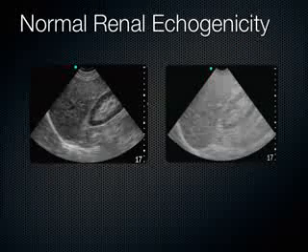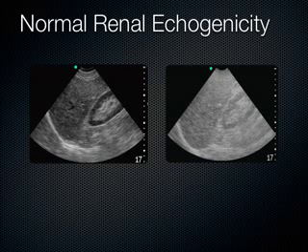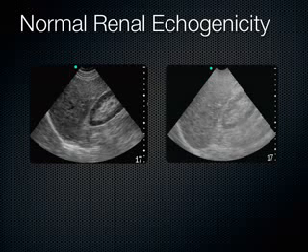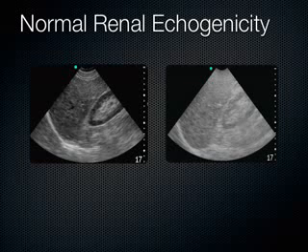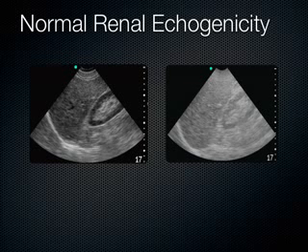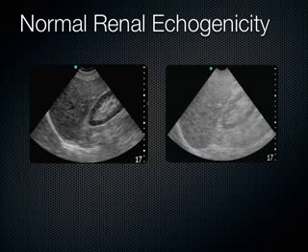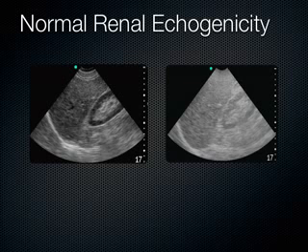Now, normally, the cortex of the kidney is less echogenic than the next-door neighbor, which is the liver, or the spleen on the left side. Can you make out the fact that this renal cortex is slightly less echogenic than this organ right here? That's the goal. If you can see that, then you can appreciate the subtleties of gain.